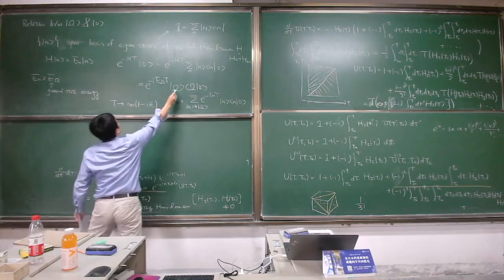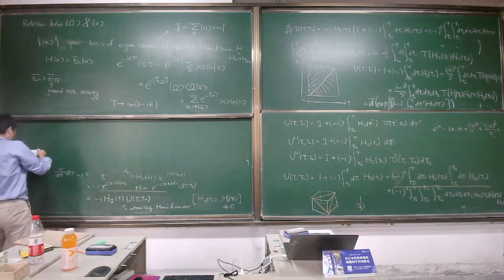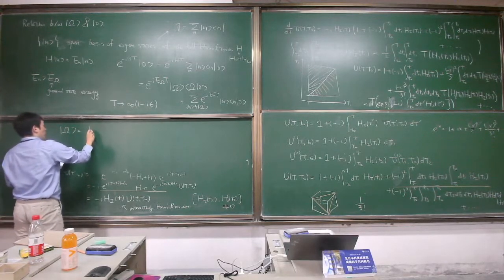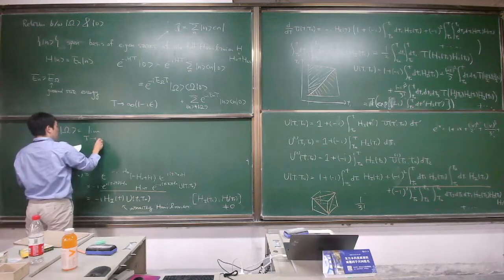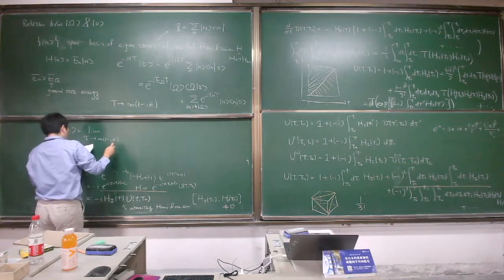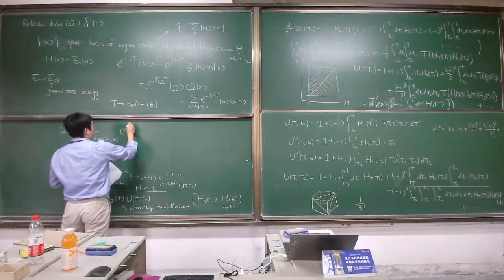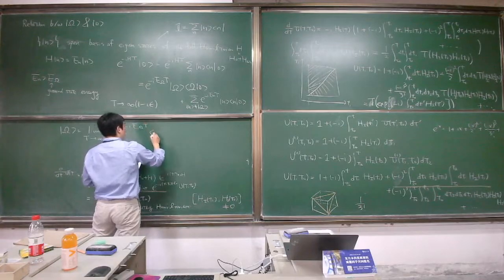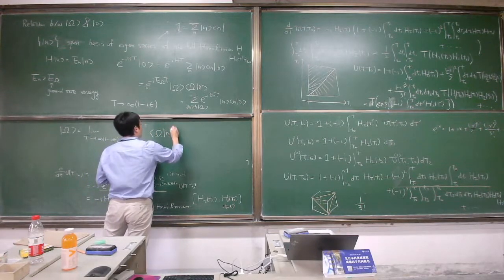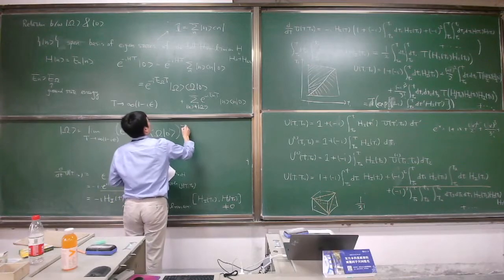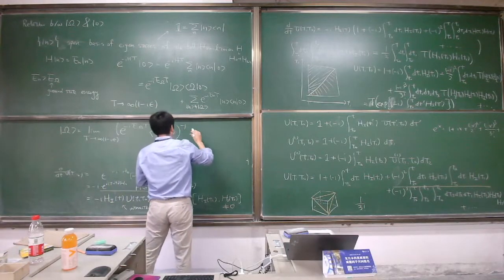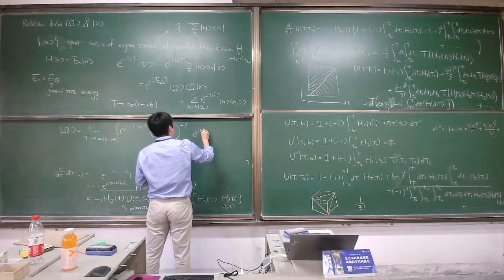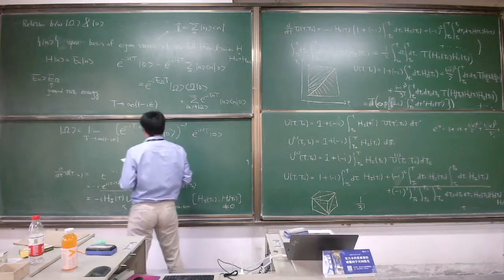So the relation between |Ω> and |0> can be written as follows. The limit T goes to infinity(1 minus iε) of e to the minus i E_Ω T <Ω|0> inverse, times e to the minus iHT |0>. This first part is just a scalar quantity, just a number.